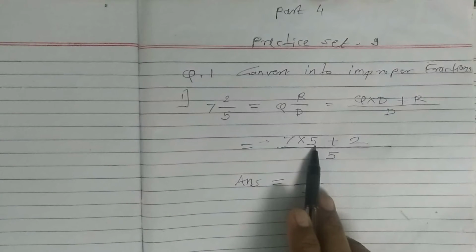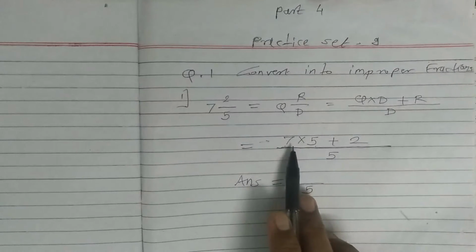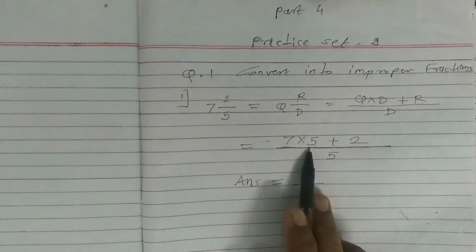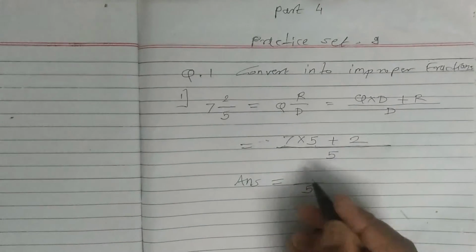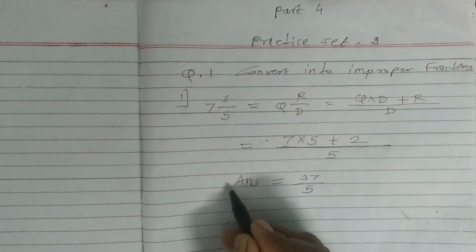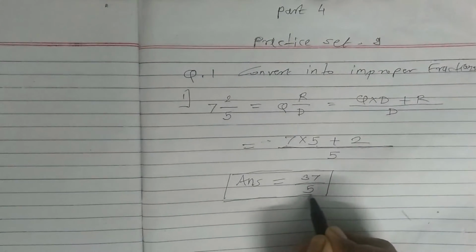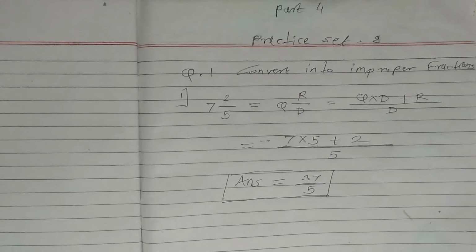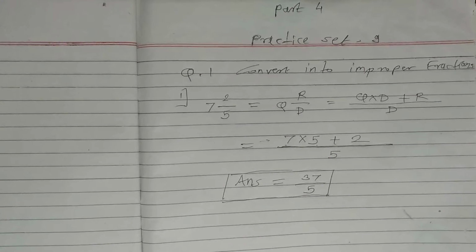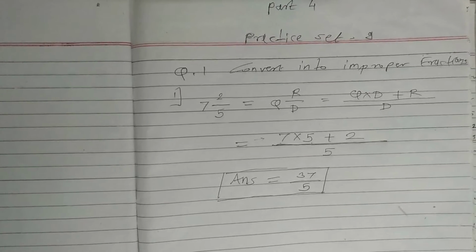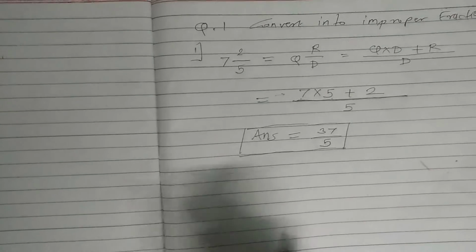If you don't know the 7 table, you must know tables till 20 now, students. You say table 5 till 7: 5 7s are 35, 7 5s are 35. Both ways are correct. 35 plus 2, 37. So this is your final answer. This is called conversion of mixed number into improper fraction. Hope you understand, students.